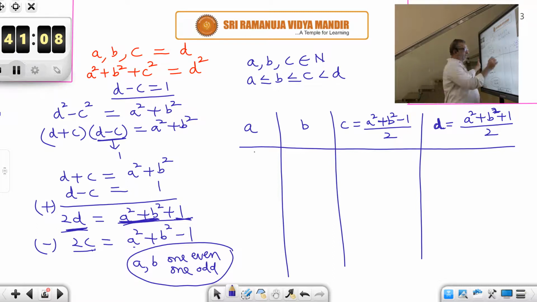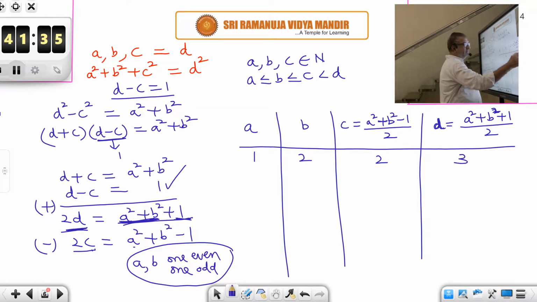Suppose you take 1 here, 2 here, so 1 is odd, 2 is even, then you will get our result. 1 square plus 2 square, by 2, gives 2, and here you will get 3, because d minus c is 1. So after getting c, just add 1 to get d.